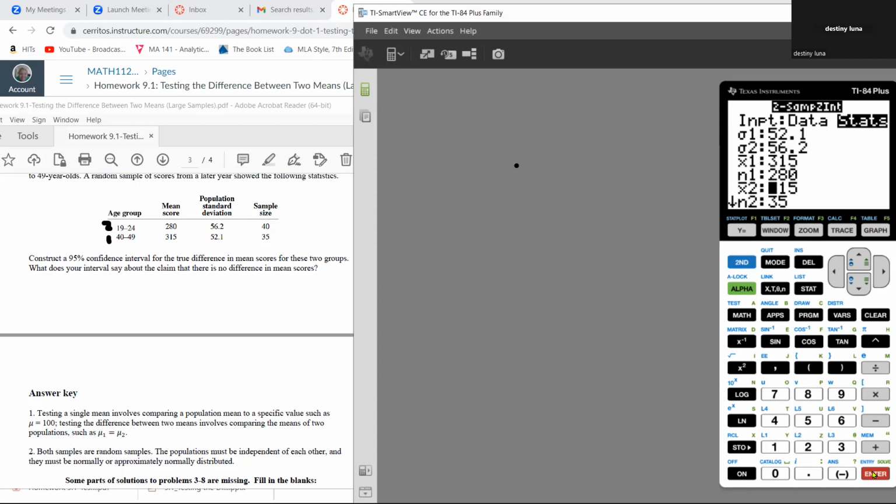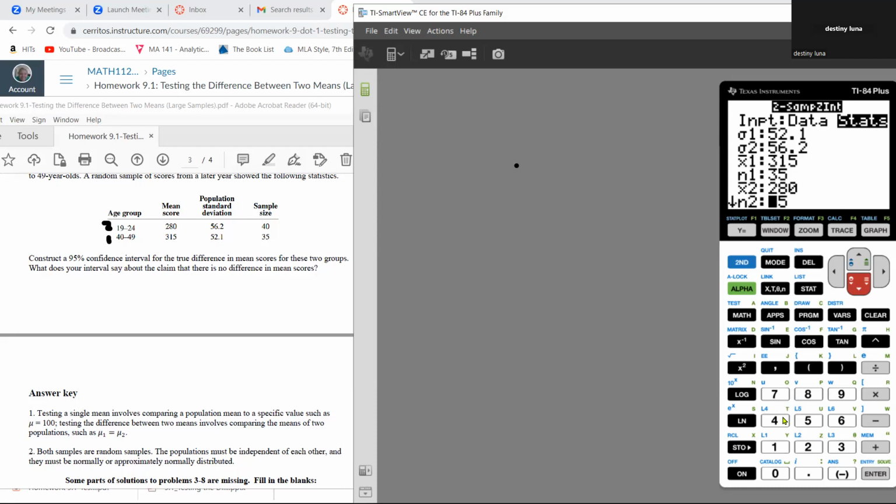oh wait, sorry. You know what I did? This happens to me a lot. I forget that this N1 is the sample size. N1, the sample size for that was 35. So let me change this. My X bar 2 is 280. And my N2 is 40.